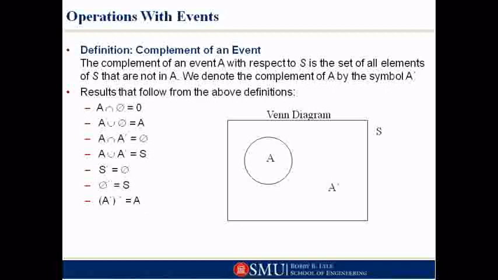A or not A, and there are different ways you can say that, the complement of A or not A is a different way to say it. A or not A is, of course, equal to the full outcome space. Not the sample space would be the empty set. Not the empty set would be the full sample set. And then not, this is like a double negative, not not A is, of course, going to be A.